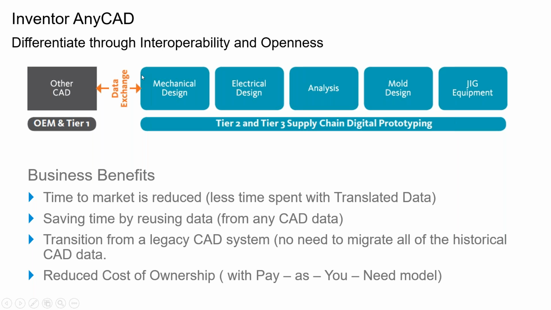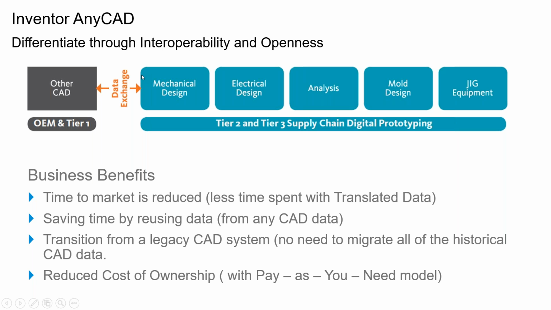Now why I am stressing this part is we all work with a lot of data which we receive from our customers. The data could be in the form of native data, but currently the biggest challenge is none of these technologies talk to each other. The only way they interact is by means of a neutral CAD format, that is either IGES, STEP or a Parasolid file.